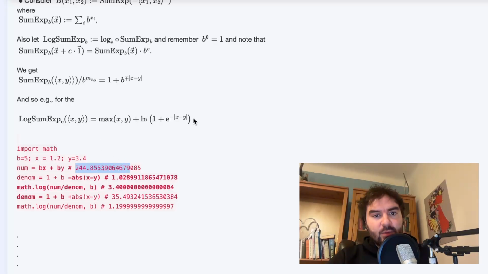And then you can also compute this thing, and you can use this formula to compute the max in terms of these continuous functions. And as you see, I do this here. The maximum of x and y is of course the bigger value, 3.4, and it comes out up to numerical error exactly correctly, and similarly for the minimum.